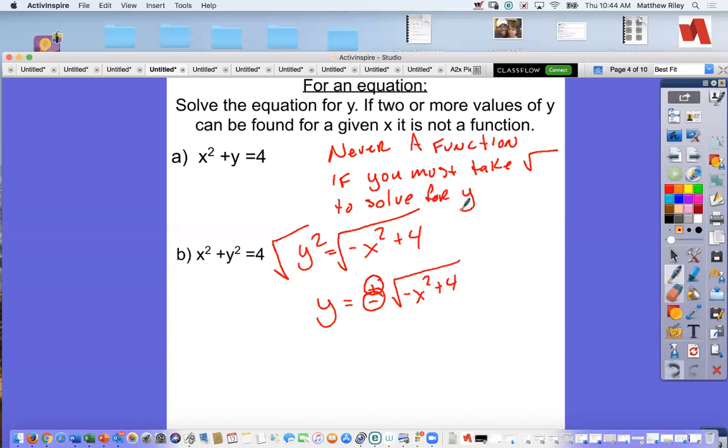So if you ever have a y squared, that all of a sudden means that it's not going to be a function. By the way, if I were to graph this, this would actually be a circle with a radius of 2, and it's not a function because look, a function, each x has exactly one y. Well, the vertical line test, again, you guys saw that in algebra, you saw it in pre-algebra, you saw it in algebra 2. This is a reminder.